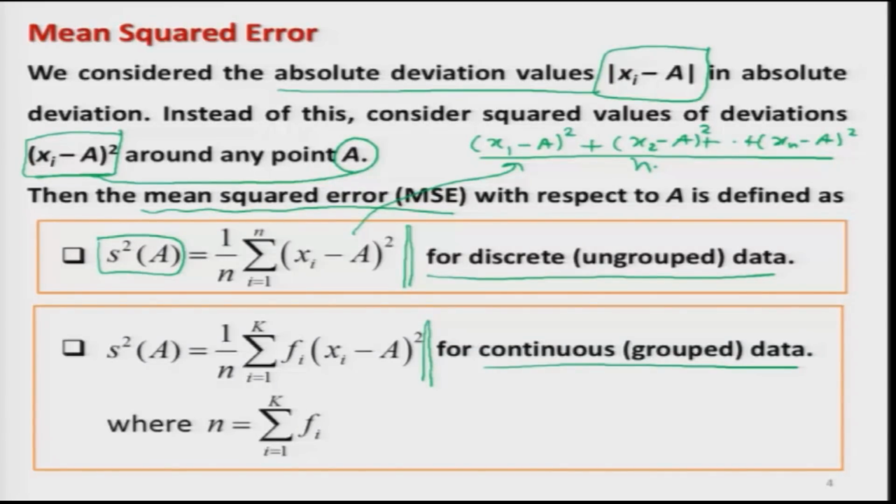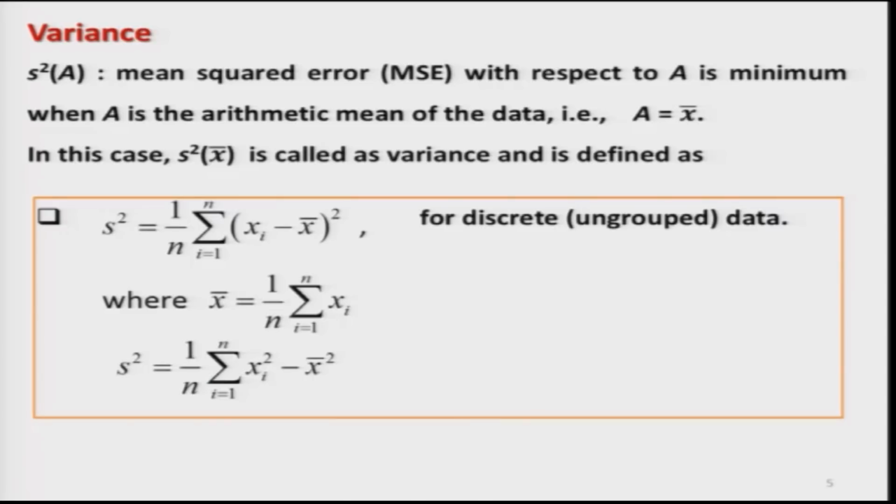Here the summation goes over the number of classes, and small n is the sum of all the frequencies, and this quantity is a sort of weighted mean where the weights are given by the frequency fi. So, this is how we define the mean squared error in the case of grouped data and ungrouped data with respect to any arbitrary value a, right.